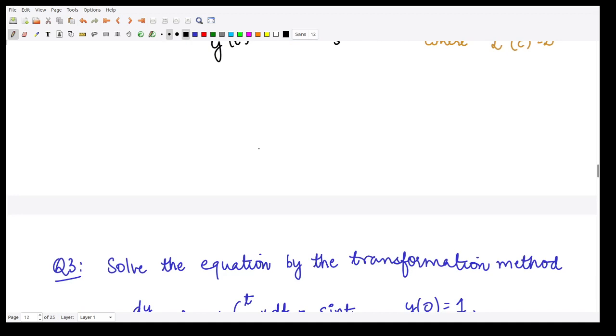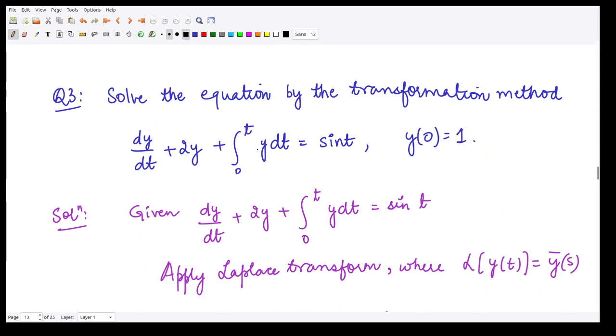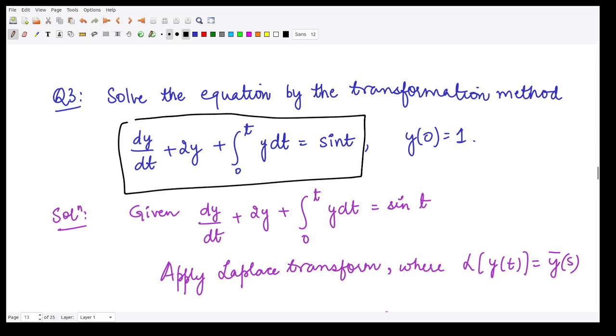Alright, let us now move on to our next question, which says to solve the equation by the transformation method. So we'll apply the Laplace transform here to solve this particular differential equation. This differential equation, where we obtain the derivative as well as the integration term, is difficult to solve otherwise.